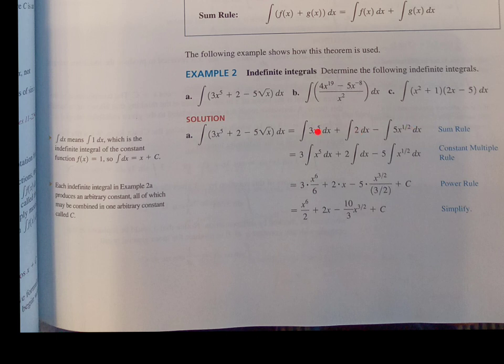Maybe you don't want to deal with that 3 right now. Once you get used to it, you're not going to worry about this. But you could take that 3 out front, you could take the 2 out front, which again you're not going to do, and take the 5 out front. Then we can do the antiderivative of something very simple and redistribute the things that we took out.